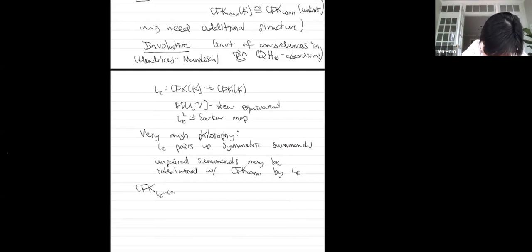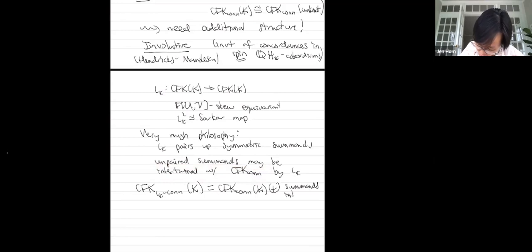It maybe doesn't quite roll off the tongue, but it is descriptive of what it is. And so this consists of the connected complex plus possibly these unpaired summands that are intertwined with CFK connected by iota K. Okay. And so then the point is that this thing is a concordance invariant.